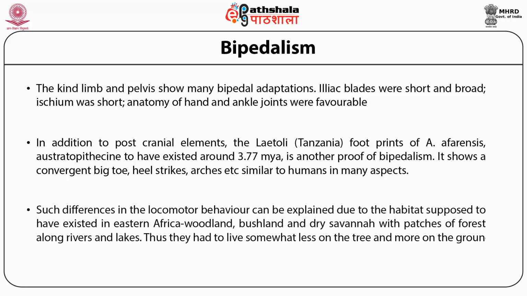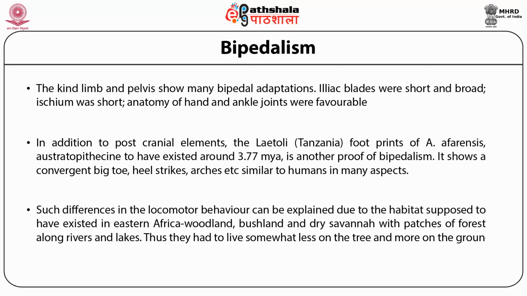Such differences in locomotory behavior can be explained by the habitat supposed to have existed in eastern Africa: woodland, bushland and dry savanna, with patches of forest along rivers and lakes. Thus, they had to live somewhat less in the trees and more on the ground.